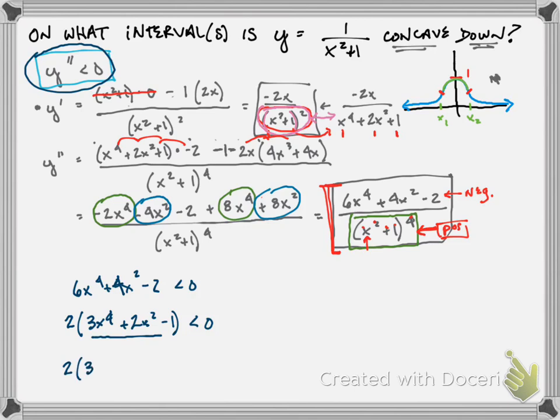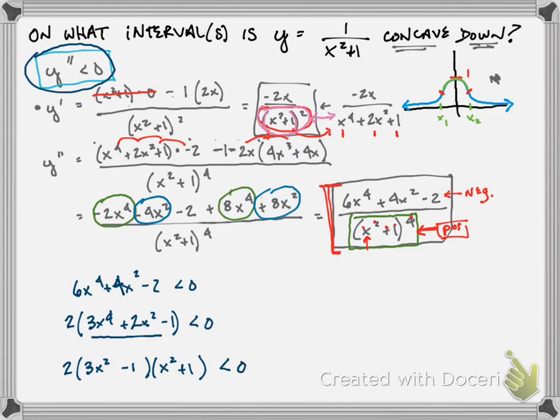I'm going to write 3x squared, x squared. So this product will give me my 3x to the fourth that I need. And now the question is, what do these two need to be in order to complete that? Well, if we play around with it a little bit, we're going to see that this should be a plus 1 and this should be a minus 1.